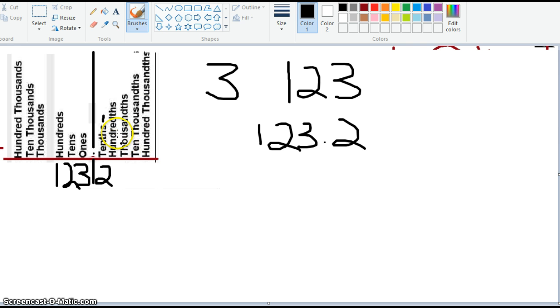So what you need to know about this is that if the number was 123.25, the 5 would be in the hundredths place, or again, it's 2 digits after the decimal. If I had a third number such as 0, well, that would be in the thousandths place.